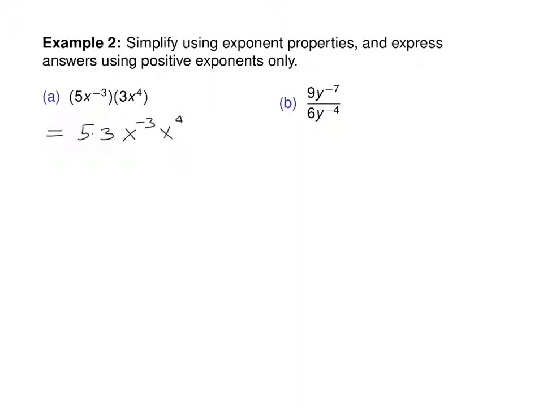Most of you do that in your head because you know that it works, and that's totally fine, okay? I'm just showing you all the steps in class so that you understand why it's this way. And what's 5 times 3? 15. And then with these x's, what happens to the powers? They add. And what's negative 3 plus 4? 1. So 15x. You don't need to write 1 because 1 is the default power, right?